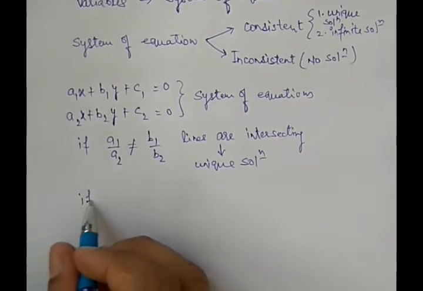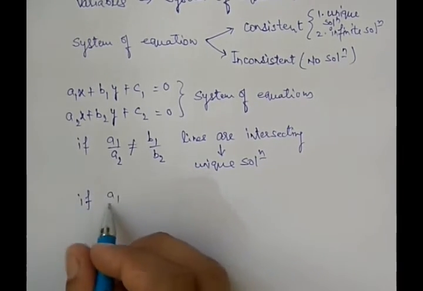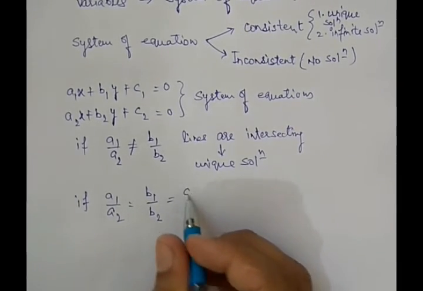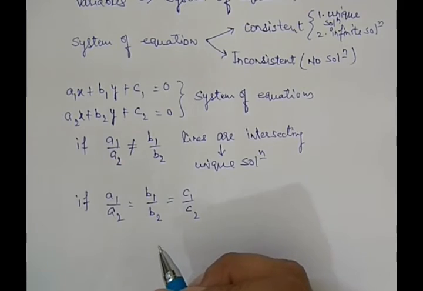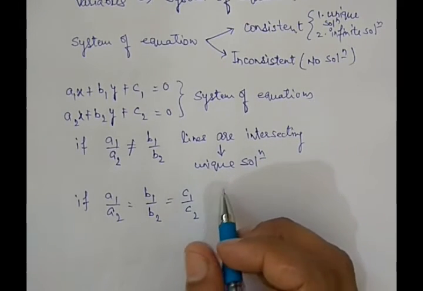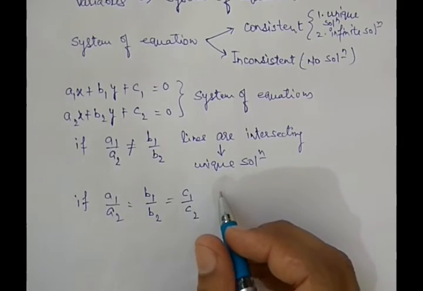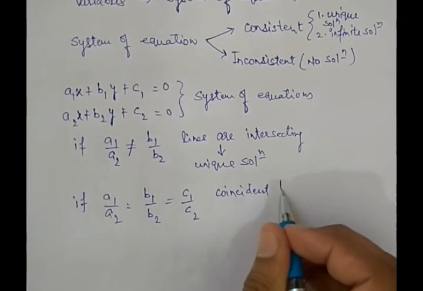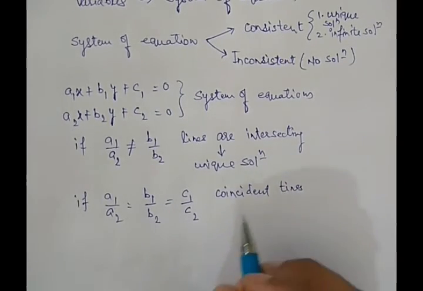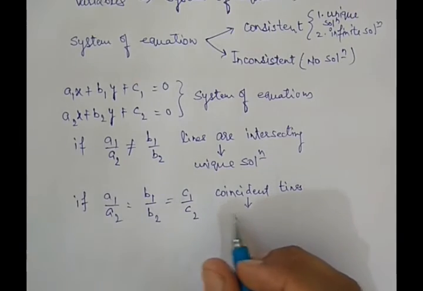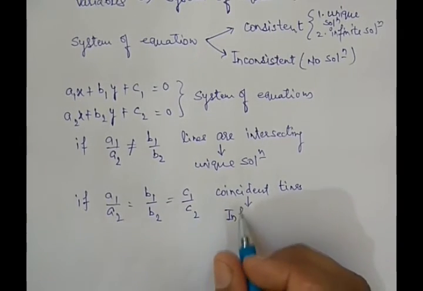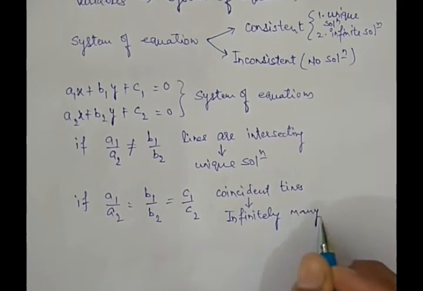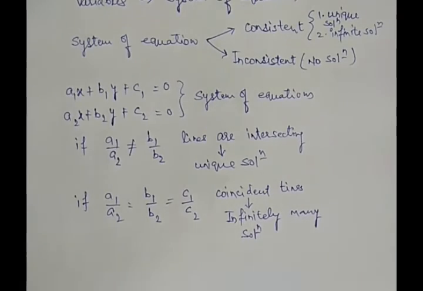If a1 upon a2 is equal to b1 upon b2 is equal to c1 upon c2, then the lines will be coincident lines, and in this condition infinitely many solutions will exist.